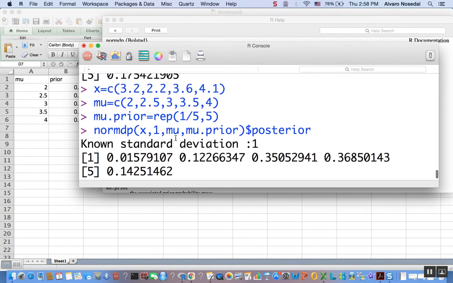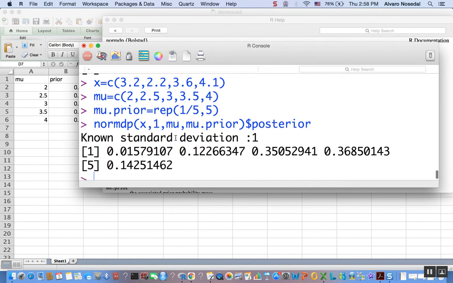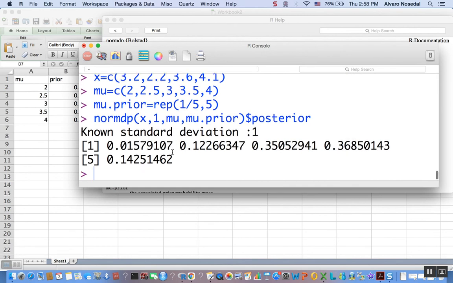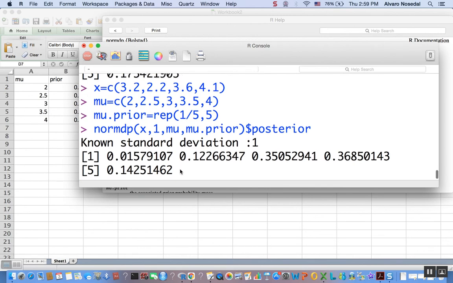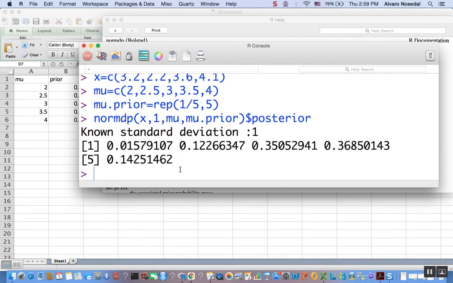Now let's do something like what we did before, without the use of the library. Here we go. What we need is to evaluate our likelihood. Our likelihood would be just evaluating a normal at the sample mean.